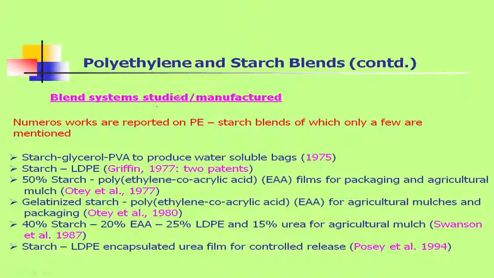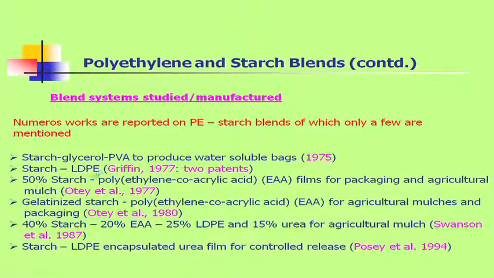So, there are blend systems already available, which have been manufactured, and products are available in the market. These are the systems: starch, glycerol, polyvinyl alcohol, which produce water soluble bags that have been developed.